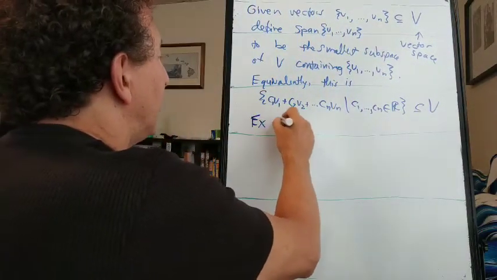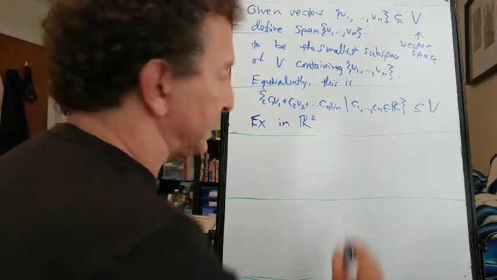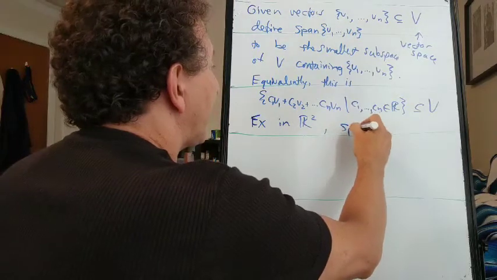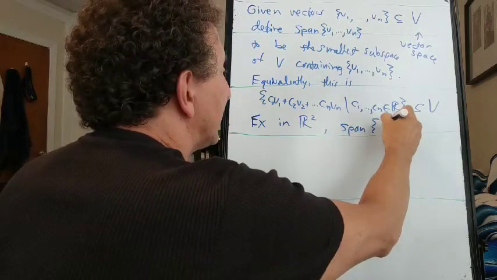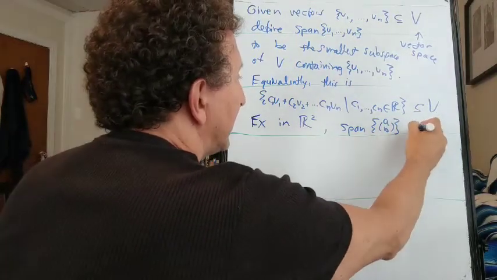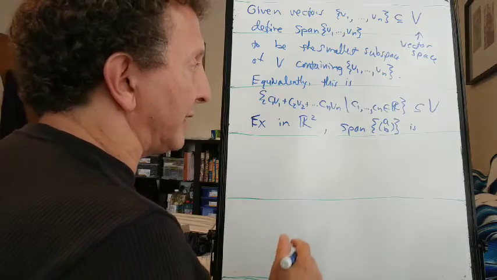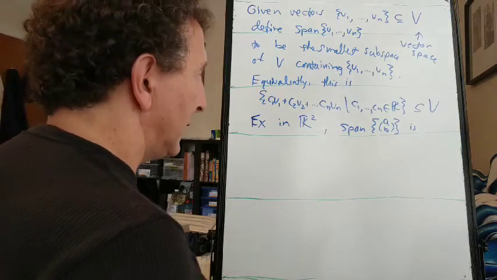So for example, in real 2 space, the span of, let's say, just one vector (a, b) is the line containing all multiples of (a, b).